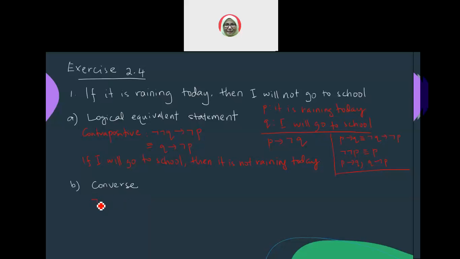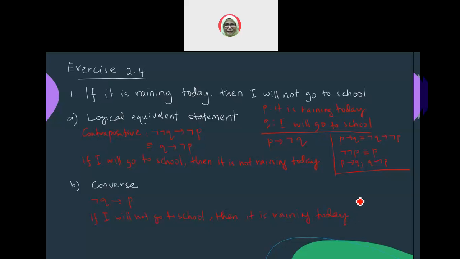So not Q implies P. So write in English sentence: if I will not go to school, then it is raining today.